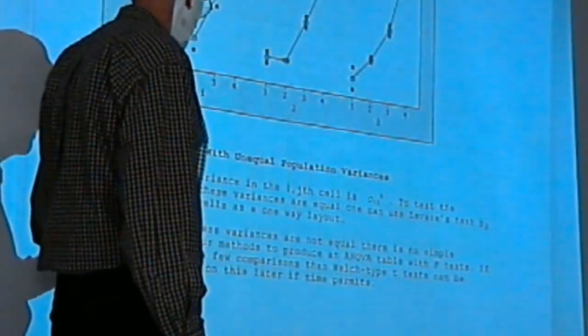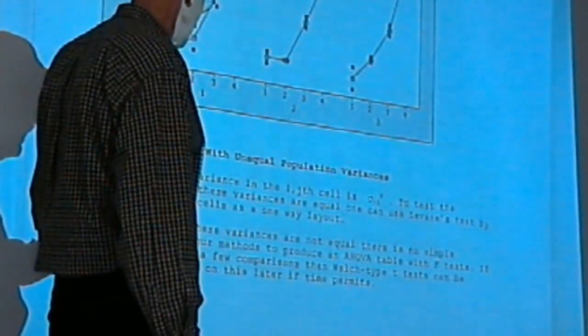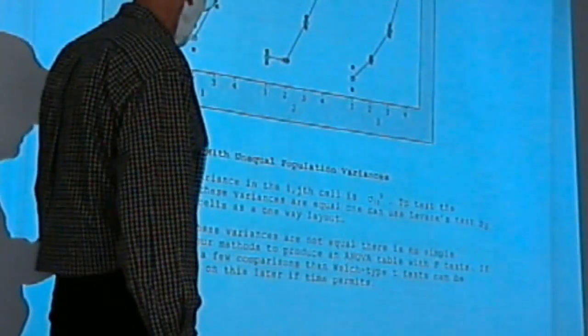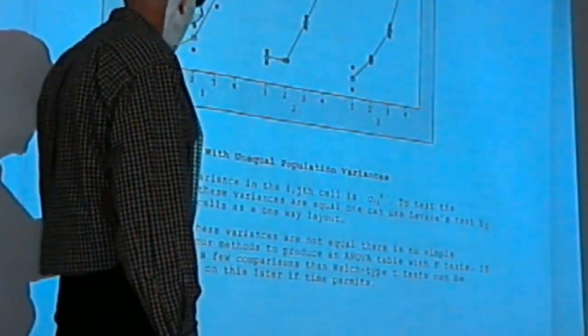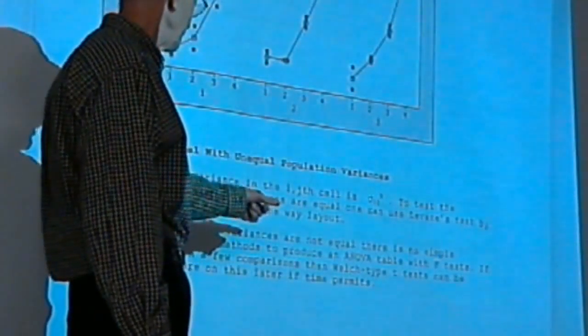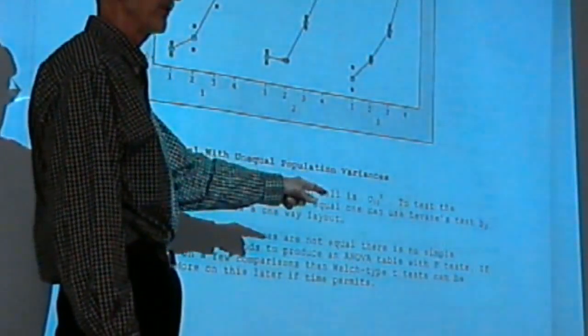It does say here, somewhat to our aid, that I don't know how to produce an ANOVA table anymore, but I could focus on a few comparisons using Welch-type t-tests.